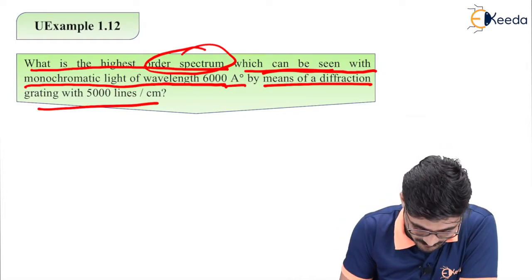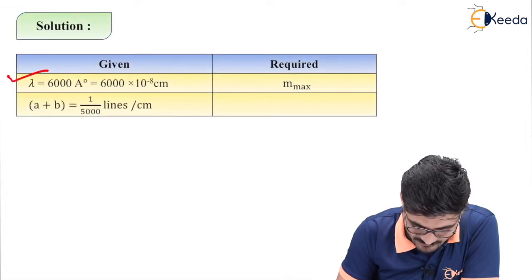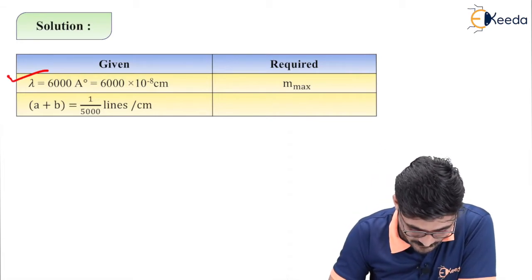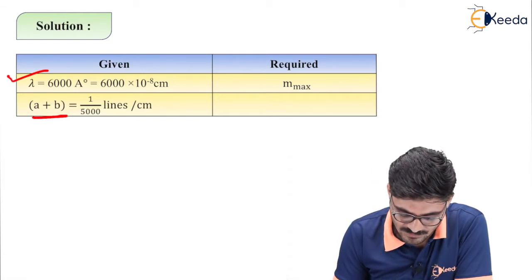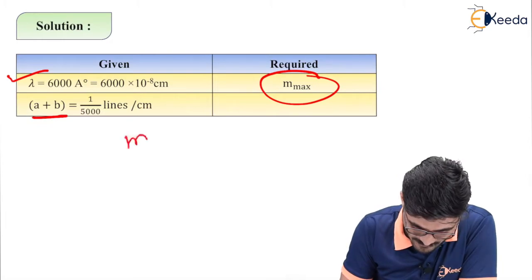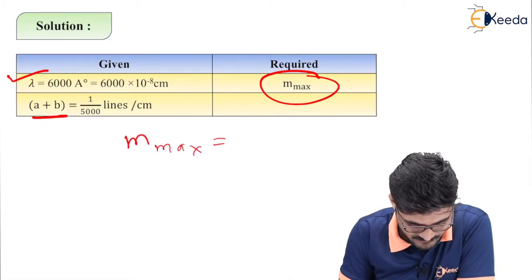And what is that condition of maximum number? Yes, for that you have to understand the given data first. Lambda is given 6000 angstrom and that will be 6000 into 10 to minus 8 centimeter. Your grating element will be 1 upon 5000 lines per centimeter and required is m max, the maximum order. So what is the formula for m max? Yes, what is the formula?